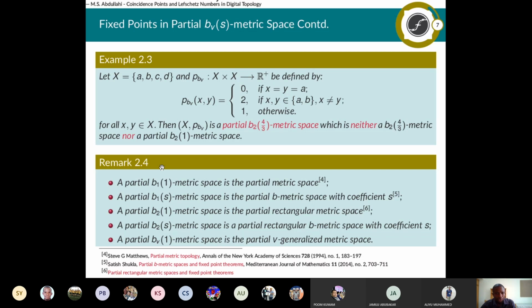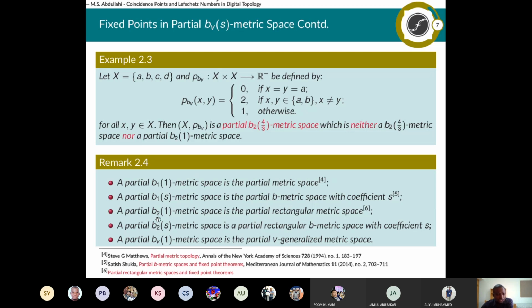As a remark, what I mean by this is, if v equals 1 and s equals 1 in our definition, then our definition reduces to the partial metric space of Matthews. If v equals 1 and s takes any number, then we end up with the partial b-metric space of Shukla.